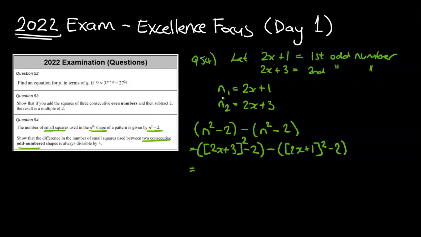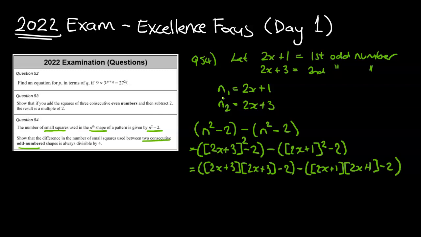Again, it's going to get very messy. So that's going to be 2x plus 3, and it's going to be the same bracket, 2x plus 3 minus 2, and then from that we're going to subtract, making the square part a double bracket to help me expand a bit easier. And then we've got minus 2.